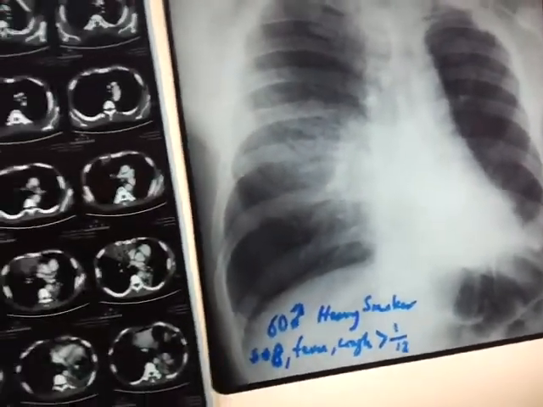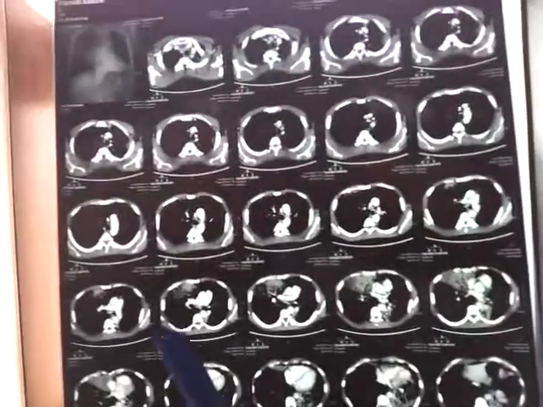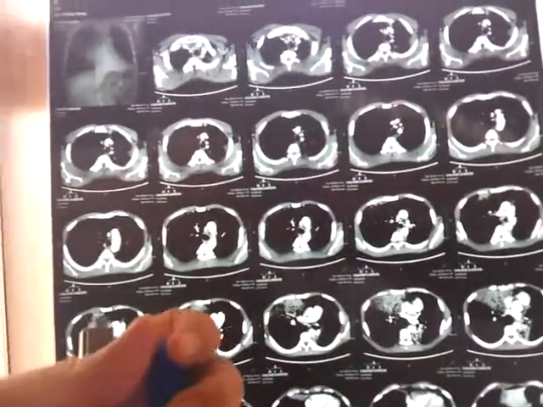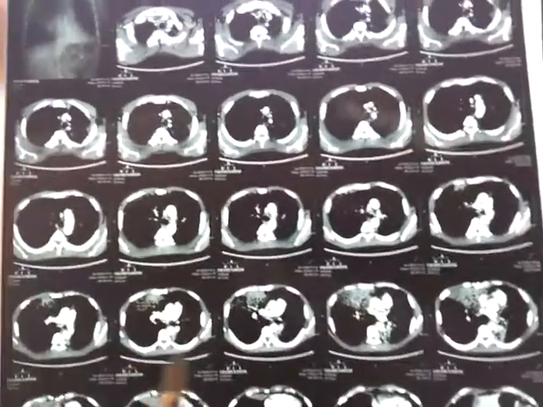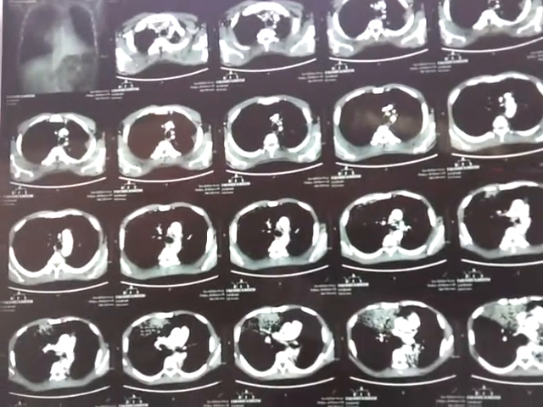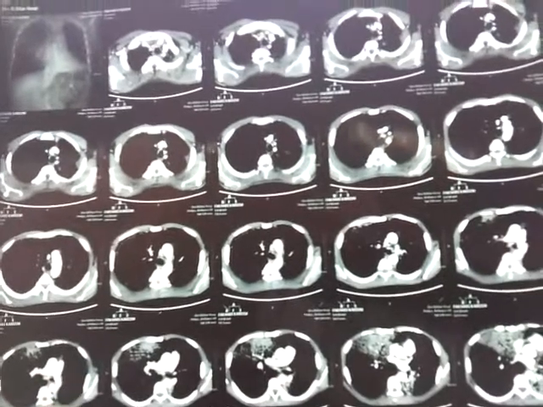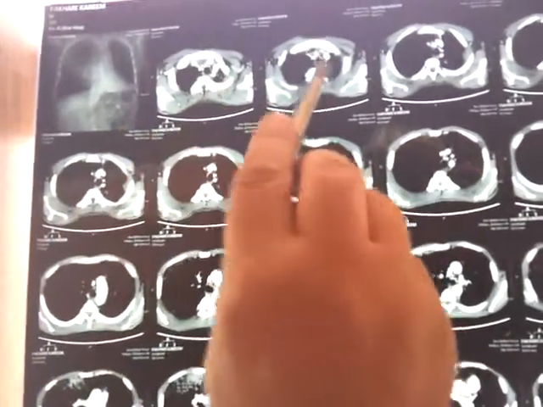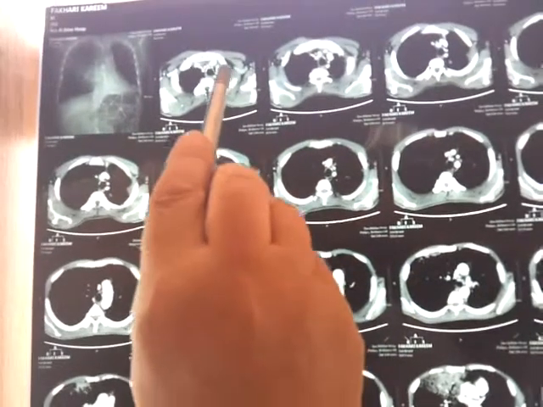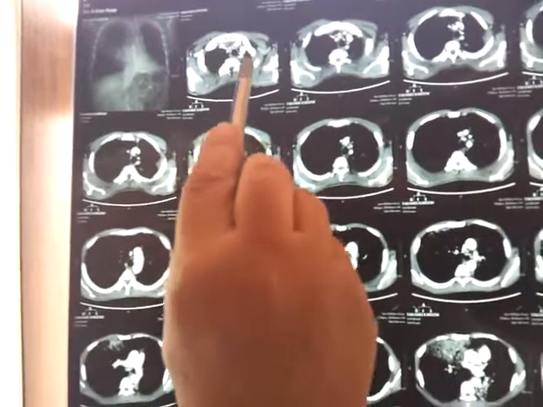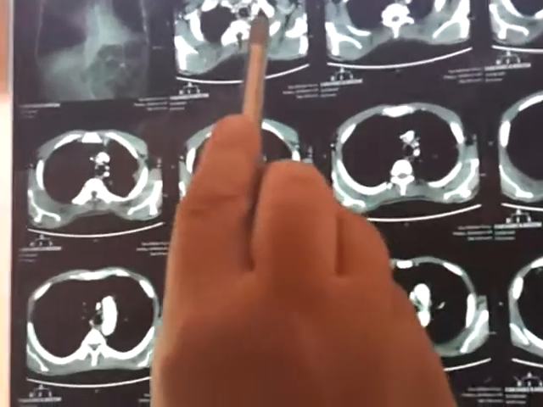CT scan of this patient shows, that's the window type of CT scan. What we mean by window is that we omit the normal tissue by increasing the density of the CT scan. And this is the apices of the lung. You see there is an element of old fibrosis in what?